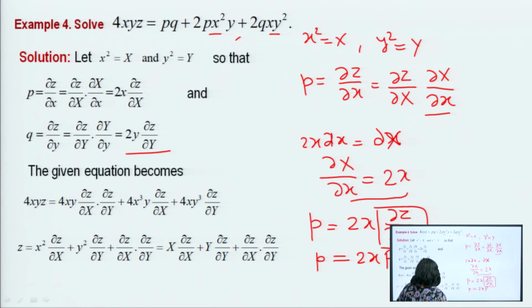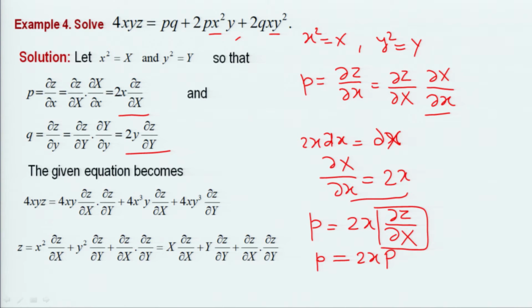In the equation we get 4xyz is equal to, writing p and q: 4xy is 2x times 2y, that is 4xy del z upon del capital X and del z upon del capital Y. And next is 2px square y, where p is 2x, that is 4x cube y del z upon del capital X, plus 2qxy square, where q is 2y, that is 4xy cube del z upon del capital Y. For reducing to type second, we divide this equation by 4xy.